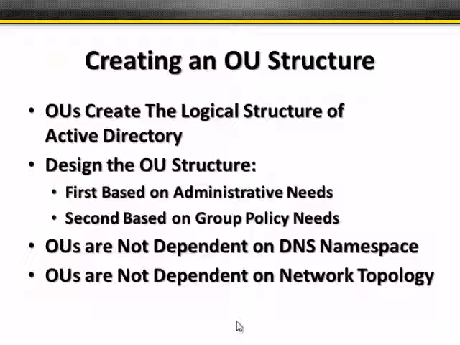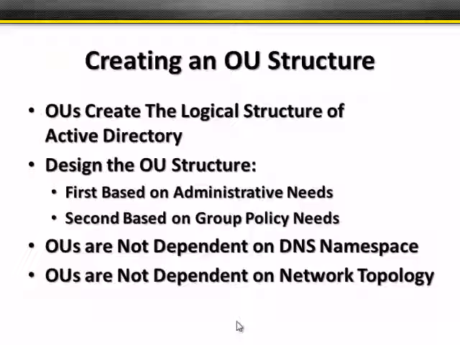So, for example, whenever I think of Active Directory, I like to think of banks because every bank I've ever walked in, there's a place where there's tellers, there's a place where there's people that open accounts or deal with accounts, and then there's usually some managers floating around in the back with the safe. So I could use that to create an OU structure, maybe accounts, tellers, managers, so that I could break it up logically according to how my company is divided up.